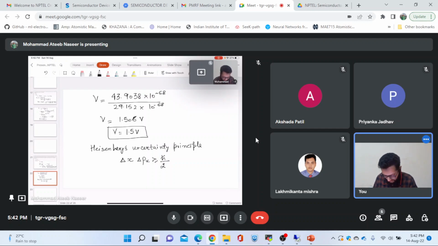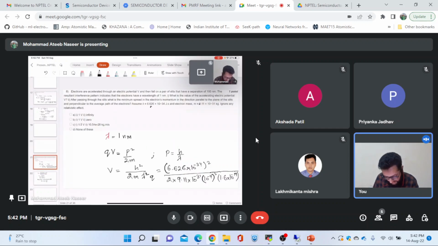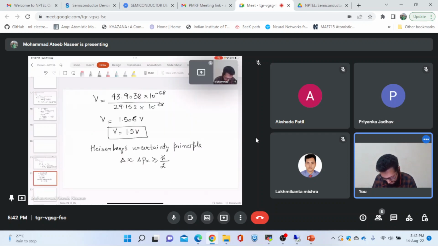We know that the separation was given to be 100 nanometer, so we can write delta x is equal to 100 nanometers.